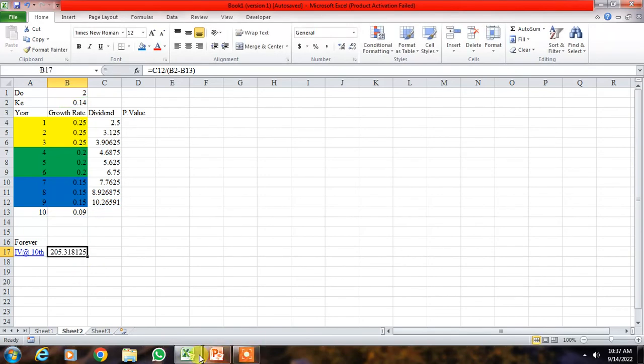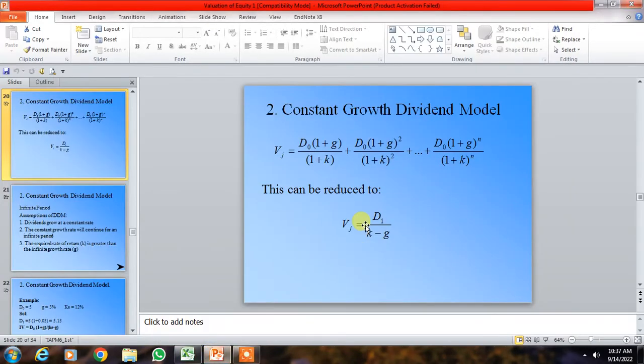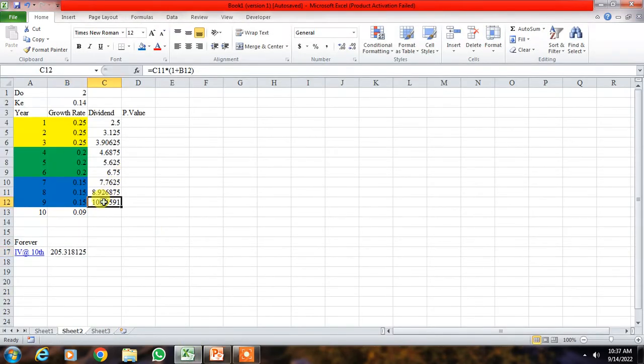Okay, so I have used this formula, D1 over KE minus G. This is the current dividend, and I'm supposed to find out the dividend of the next year.